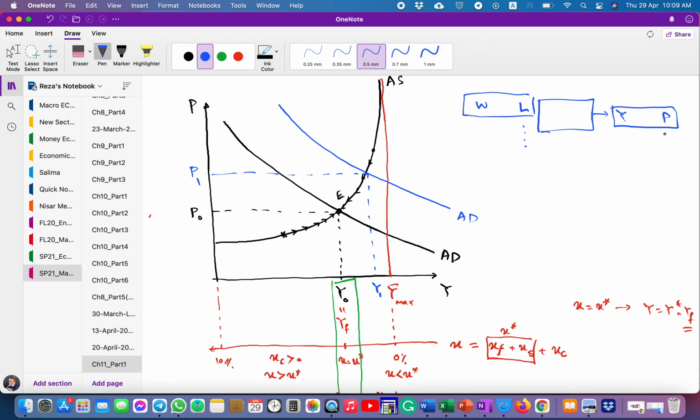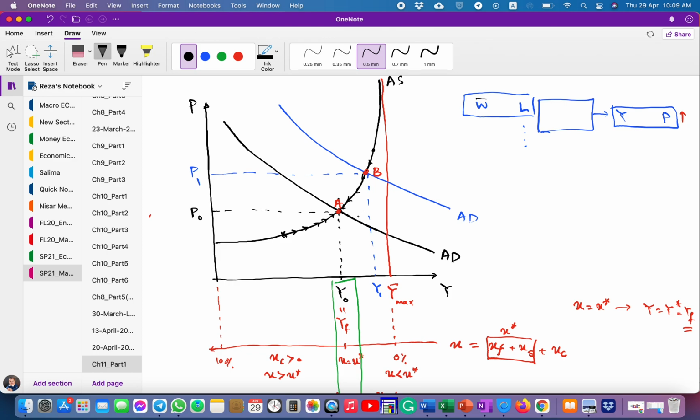If the price level goes up, we are moving from point A to point B. So this has happened, but wages remain the same.